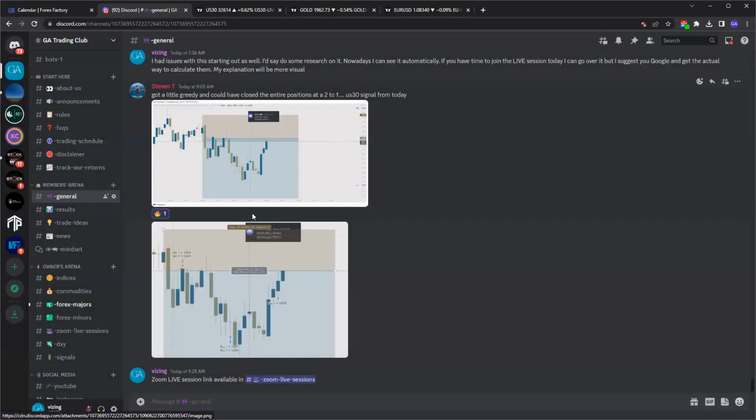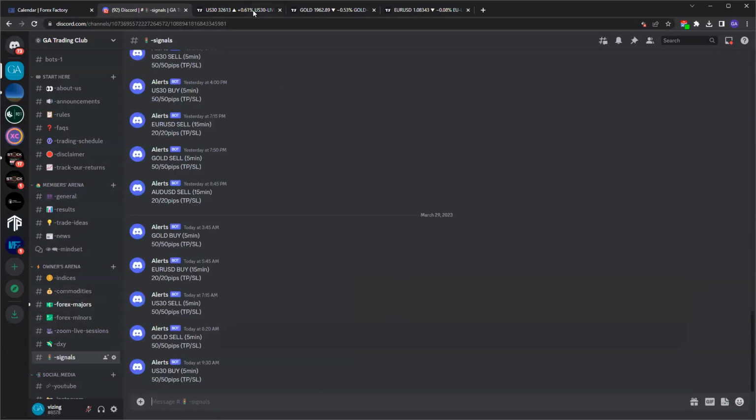I did say I have an account that I'm testing every one of these signals on. I'm currently testing the trailing stop because, for example, if US 30 says 50 pips stop loss, 50 pips take profit, I want my AI to give US 30 100 pips take profit and then trigger a trailing stop loss at 50 pips.